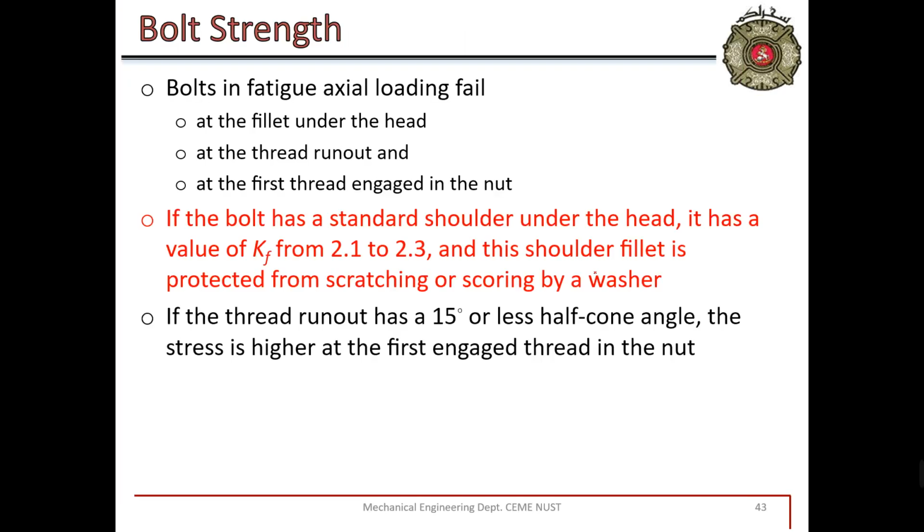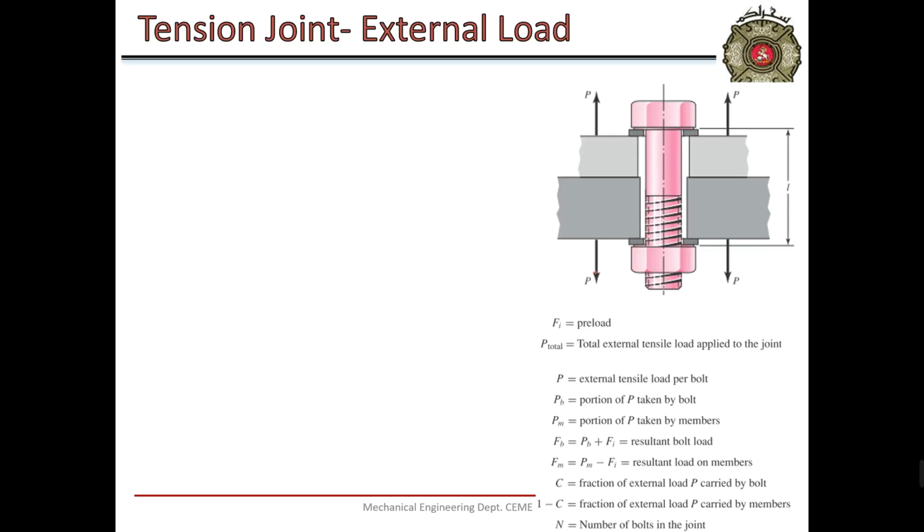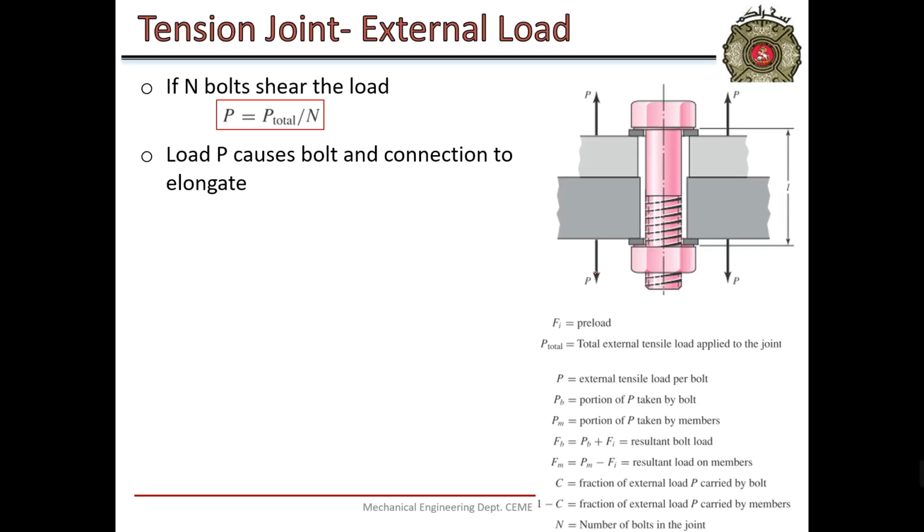Then we used some tables. Simplest possible case: if you have a joint, say you have an applied load of 10 kilonewton, and to hold this load you have 10 bolts.